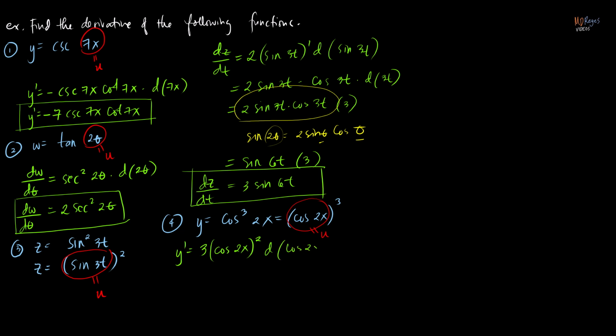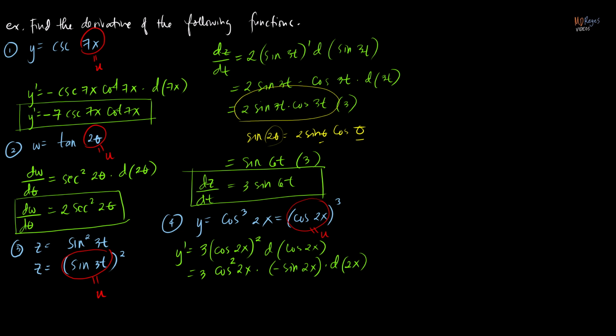The base is cosine 2x, and the base is in the form cosine u. The derivative of cosine u is negative sine u times du. So it's 3 cosine 2x squared, you can write this in that way, times the derivative of cosine 2x, which is negative sine of 2x, times the derivative of the angle 2x.